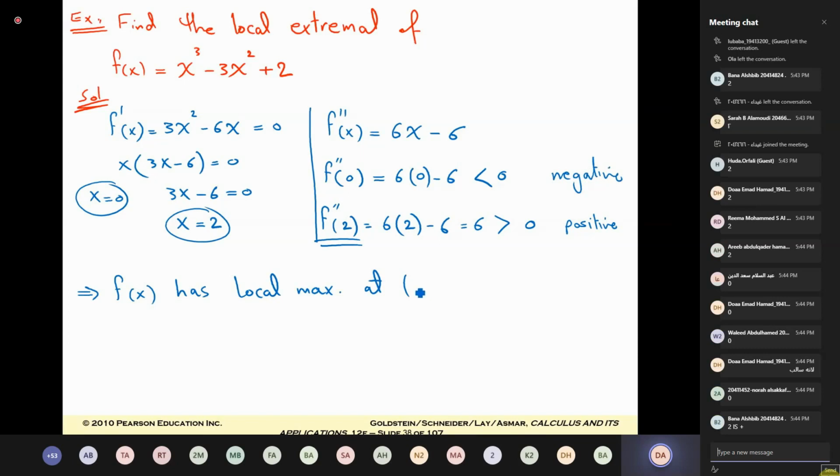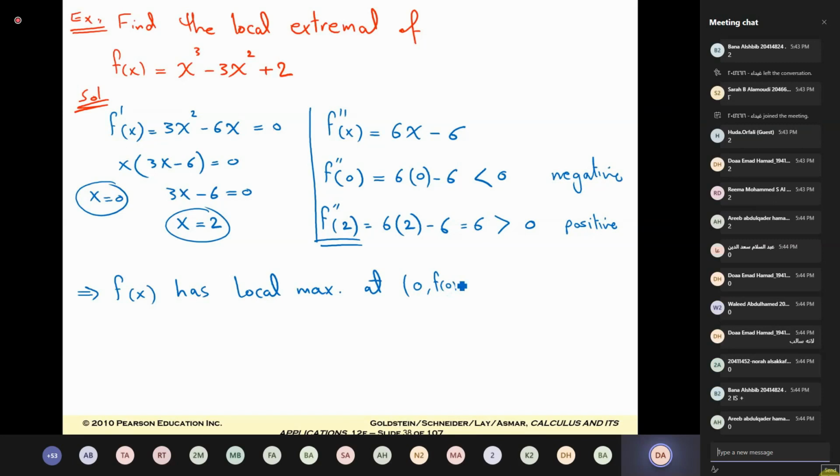So at 0, f is 0, this is the maximum. Substitute in f of x. So the local maximum point is 0 and 2.